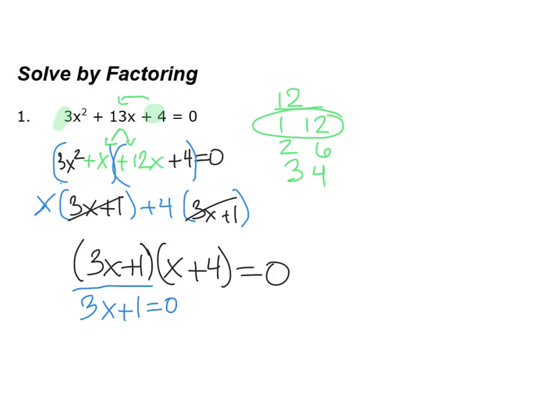We subtract 1 from both sides. That gives us 3x equals negative 1. And then both sides get divided by 3. And x equals negative 1/3. Then we got to come back and solve the second binomial. If x plus 4 equals 0, subtract 4 from both sides, and we get x equals negative 4.